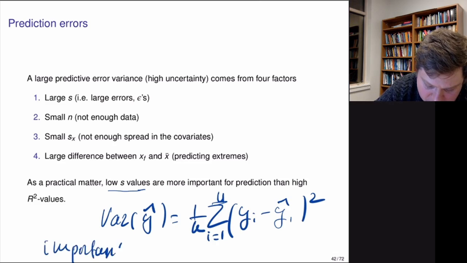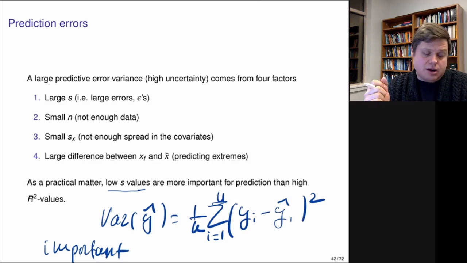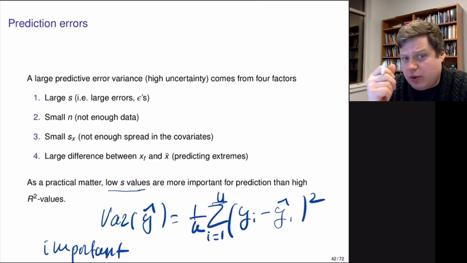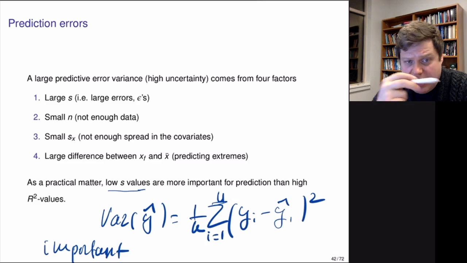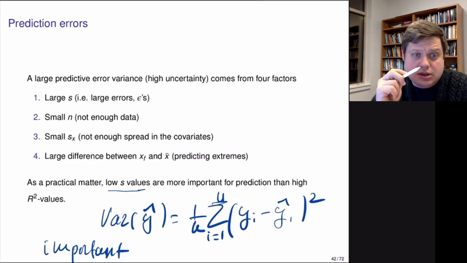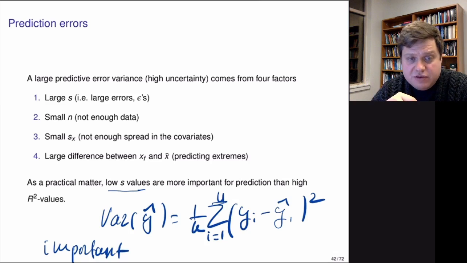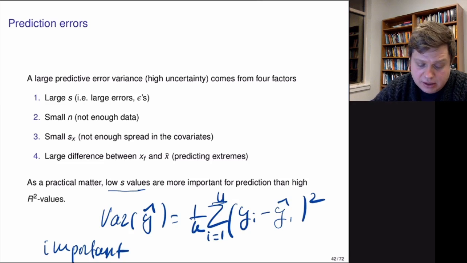This value tells me how large my residuals are, and it tells me how good of a fit I have. Again, this value s doesn't tell me whether the linear model assumptions are violated or not. So assuming that the linear model assumptions are not violated, I estimate my values beta 0 and beta 1 from the data, and then I calculate this value s, and this value s tells me how good of a model I have.